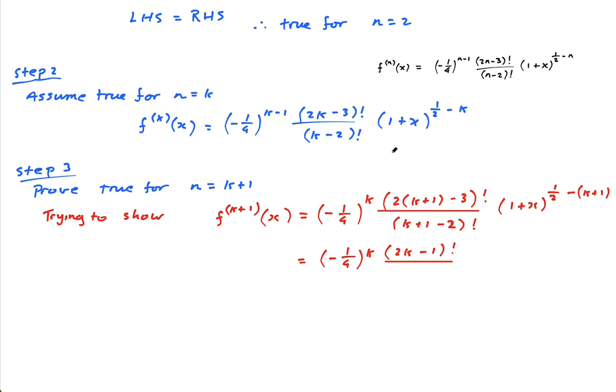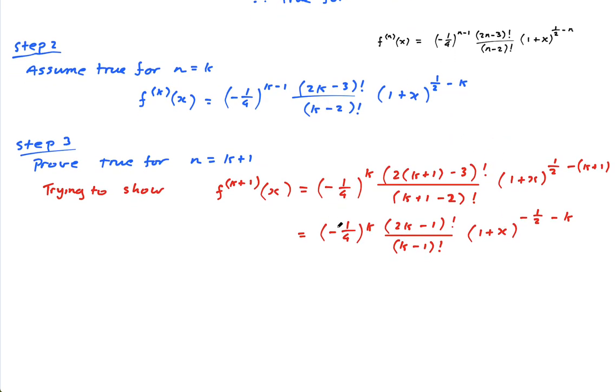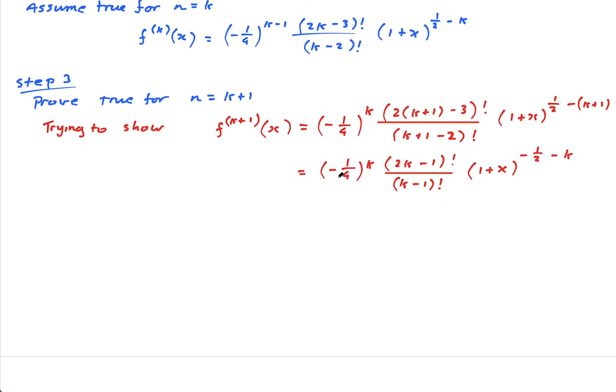It's k plus 1 minus 2. So that's k minus 1 factorial. And this is 1 plus x to the power of, well, it's a half minus k minus 1, which is minus a half minus k. Okay, so that's what we're trying to show. I'll always keep this in mind as my target, because we're going to go back now to this.